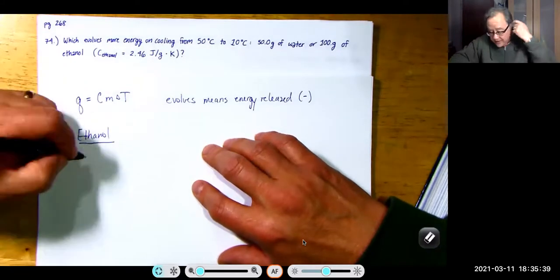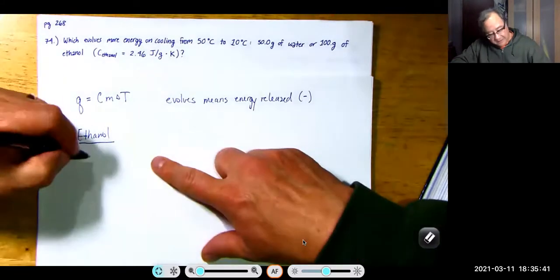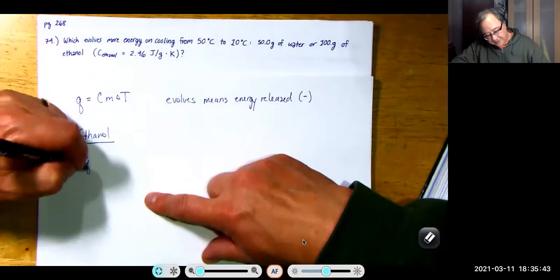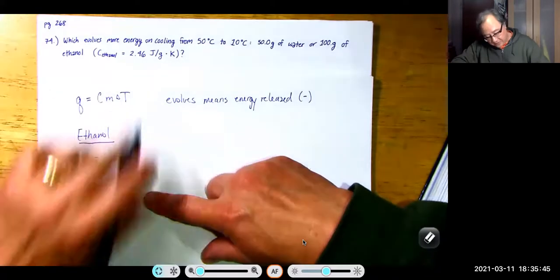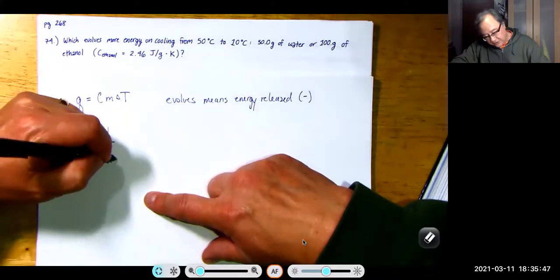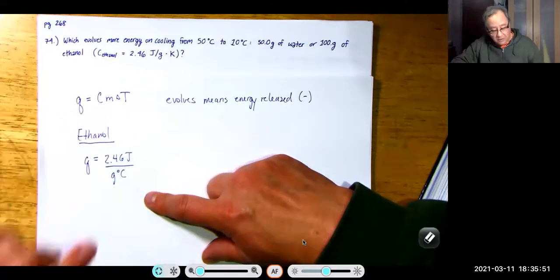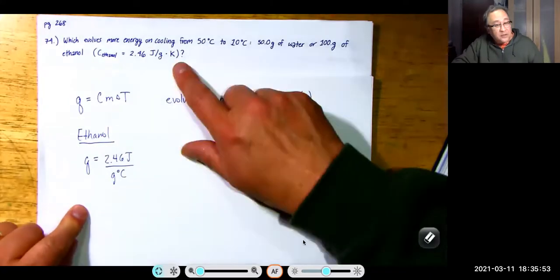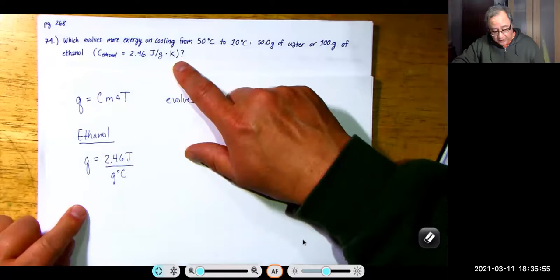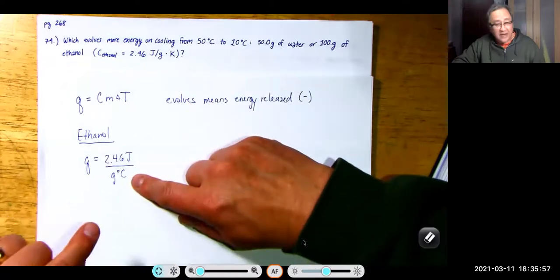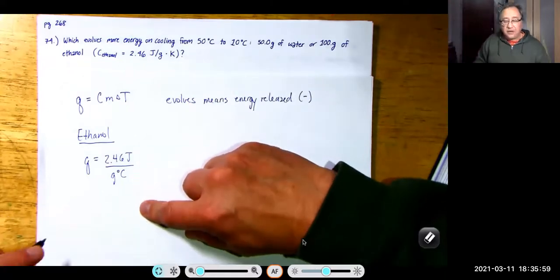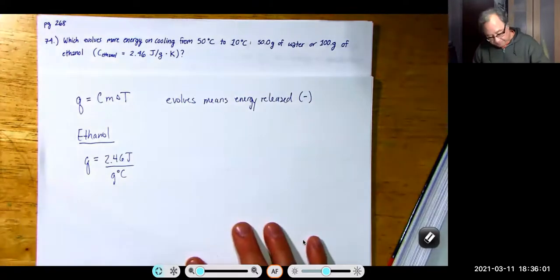So here we have that the amount of energy evolved is going to be the specific heat capacity of ethanol, so 2.46 joules per gram degrees Celsius. And I want you to recall, I said for specific heat capacities, we can use degrees Celsius instead of K anytime we want. And you don't have to do any conversions.